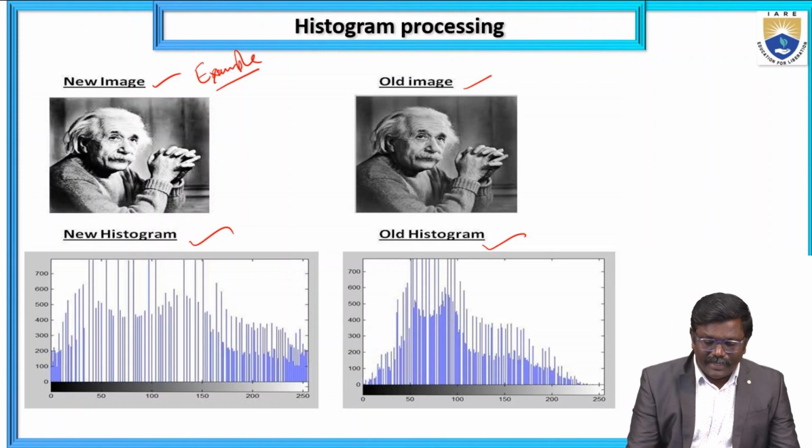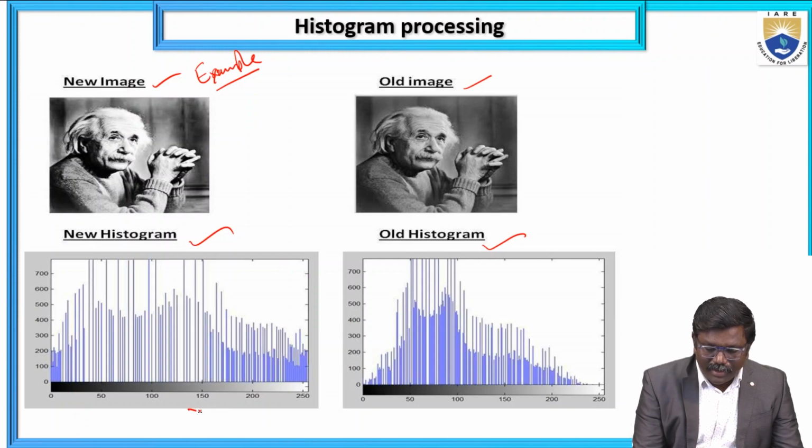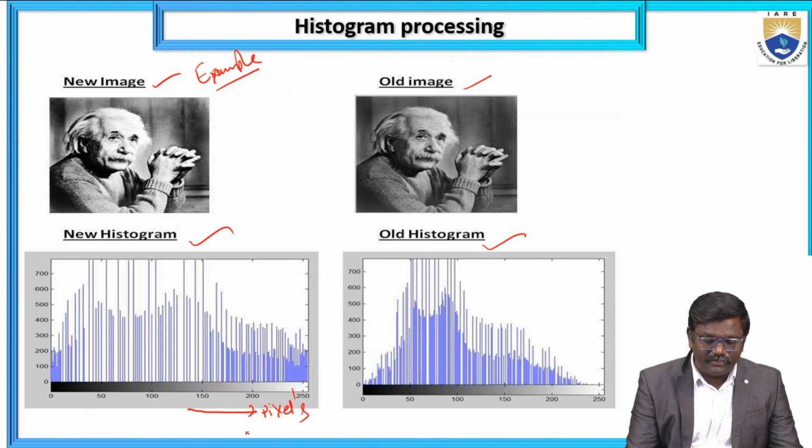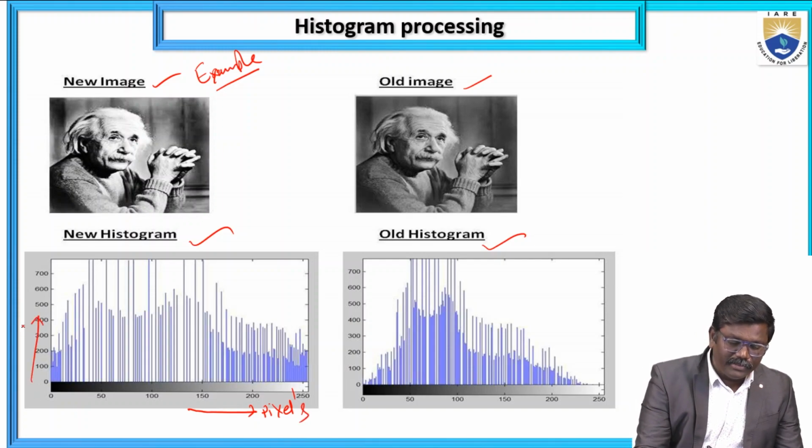What we find here is that we keep the pixel values on the x-axis, which vary in terms of intensity.